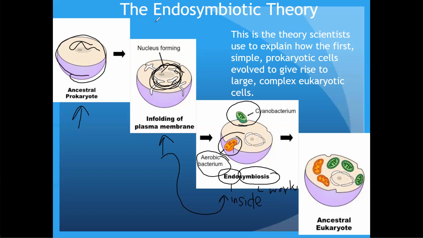So the endosymbiotic theory is that these smaller prokaryotes work together inside a larger cell and over time evolve to give rise to larger, more complex cells.